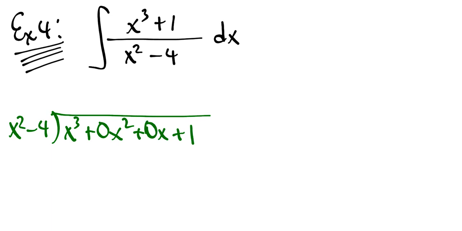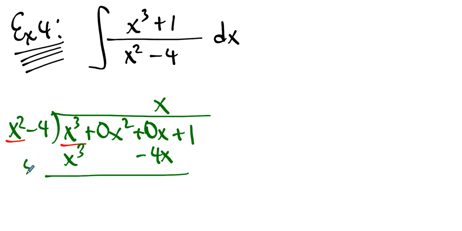And we ask ourselves, how many times does x squared go into x cubed? And that answer is x. And then we multiply like we did in the third grade. And then we subtract like we did in the third grade. These go away. That's 4x. We bring this down. This is of smaller degree than this is, so we're done.